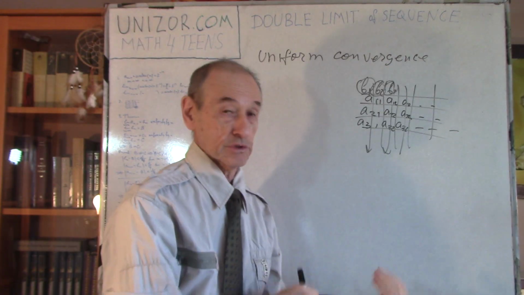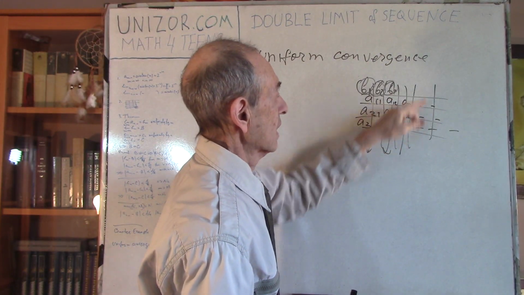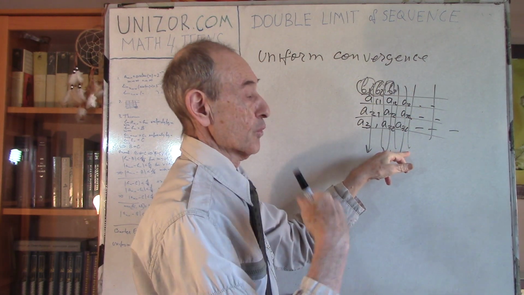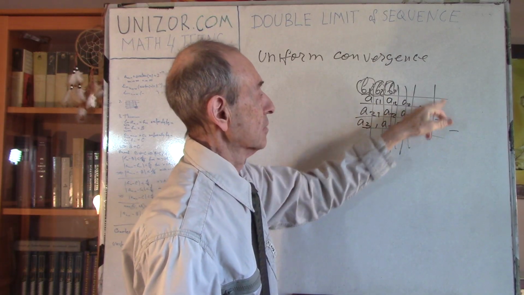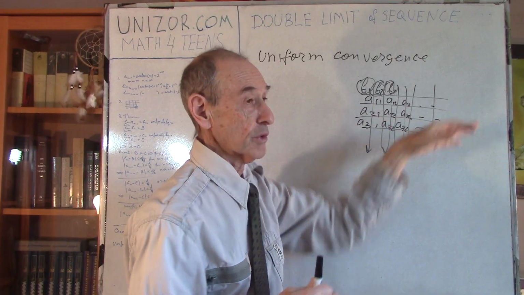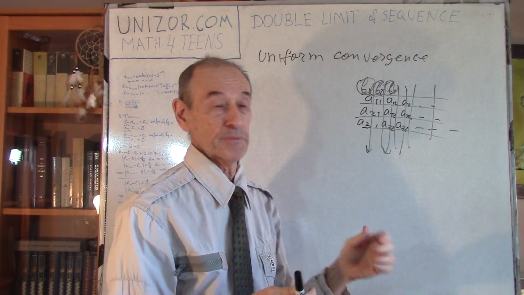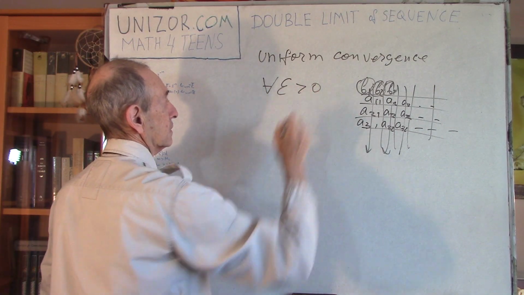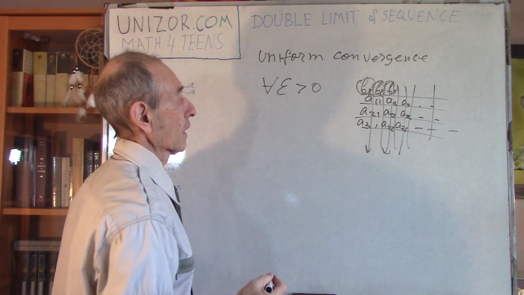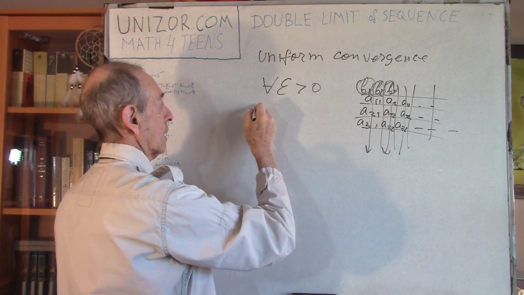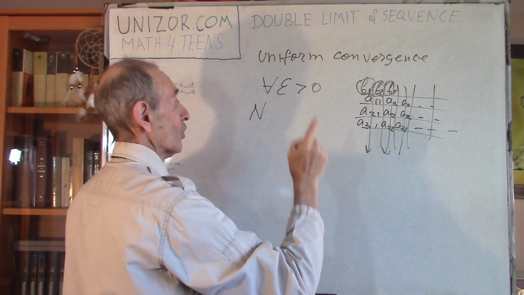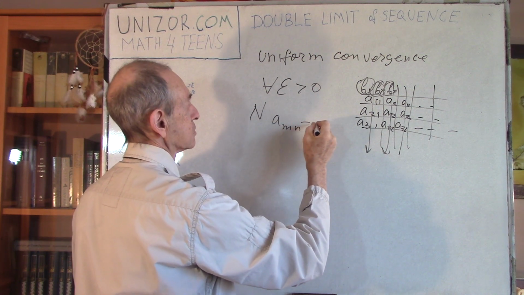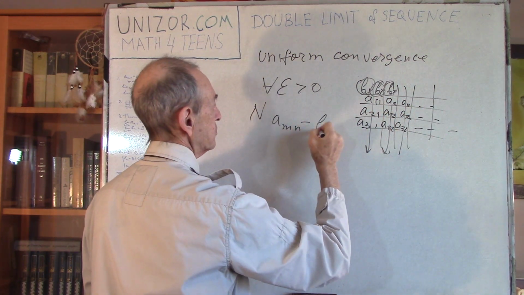Now, I would like not to consider the cases when this column is converging to this limit with one speed, and this column and this column would converge to their corresponding limits with different speeds. I need the speed to be the same, which means for every positive epsilon, I will have some number N such that not only a_mn would be close to some kind of a limit b_m.